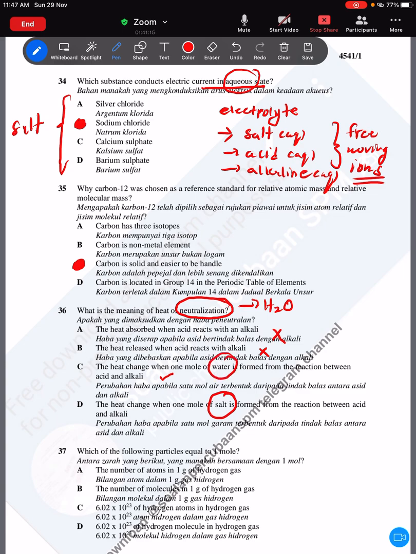Water and salt, which one is related? I told you what, even though neutralization forms salt and water, definition of neutralization, they took the formation of 1 mole of water. Therefore, the right answer is C, not D. Nampak tak, guys? Sometimes the words are very close. Dia sangat dekat. You must really stick to the real definition. Then you know what's going on.